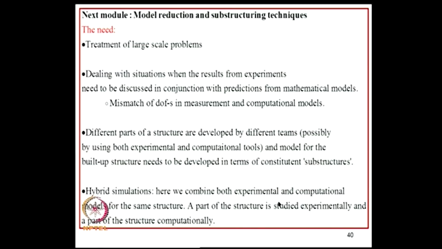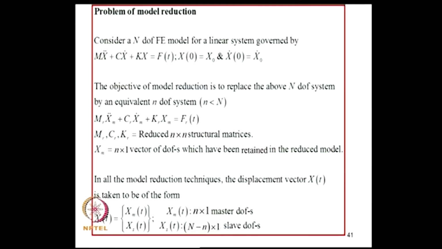Here we combine both experimental and computational models for the same structure, and the same team works on both of them. So a part of the structure is studied experimentally and a part of the structure studied computationally. So how do we combine the mathematical model that we use in our computational model with the part of the structure which is actually studied experimentally and for which no mathematical model is done? So this takes us to different types of substructuring problems.